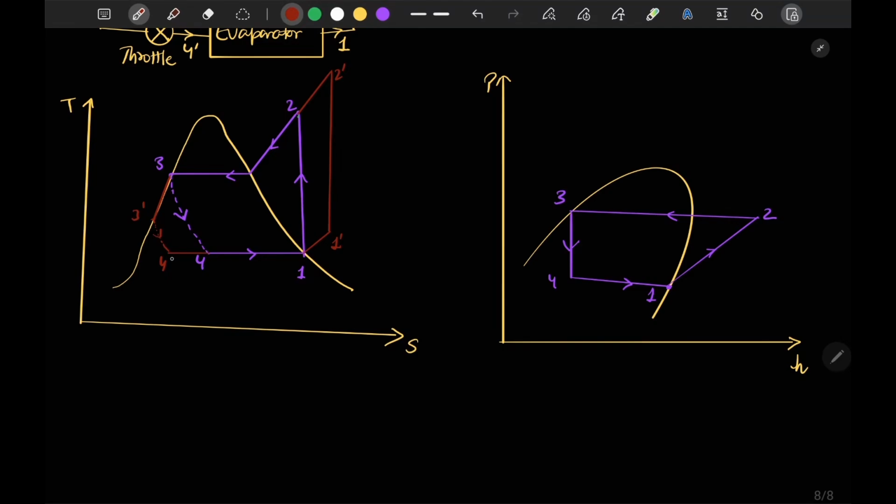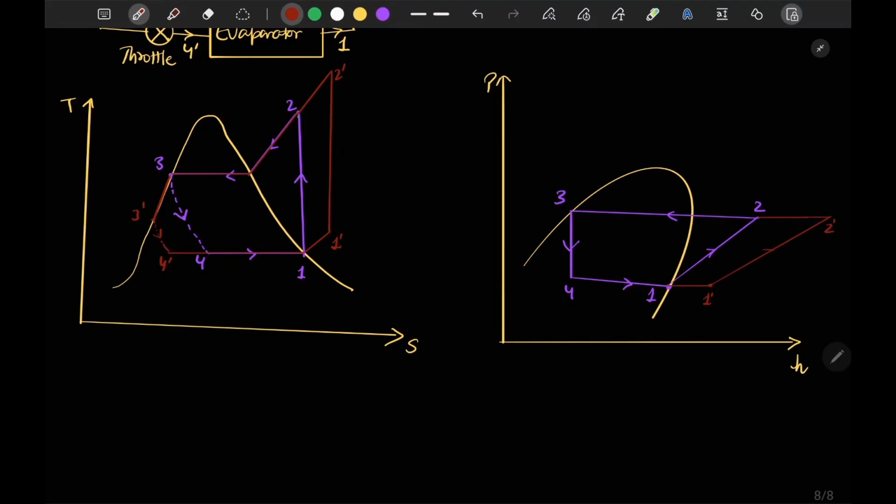3 dash to 4 dash. Let's connect these points first. So I hope you get this. And now if we want to draw it here, we can draw it. At point 1 it is superheated to point 1 dash, and here it will be like this, point 2 dash.